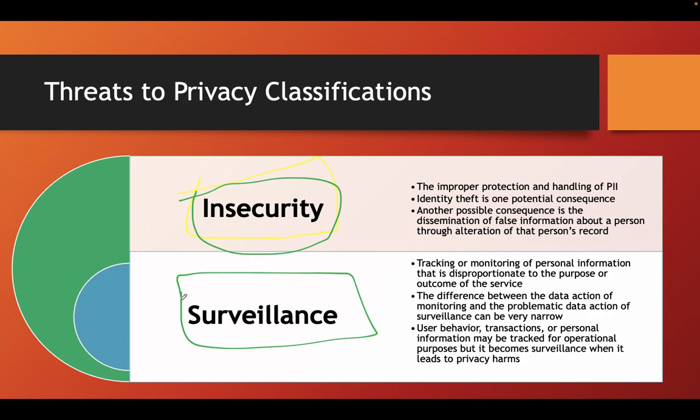It includes the difference between the data actions of monitoring and the problematic data actions of surveillance, which can be very narrow. User behavior, transactions, and personal information may be tracked for operational purposes, but it becomes surveillance when it leads to privacy harms.